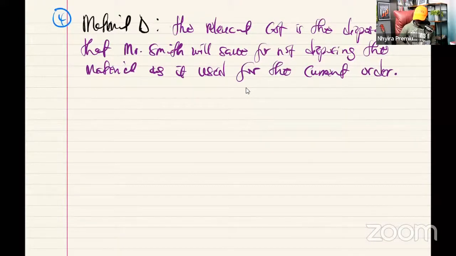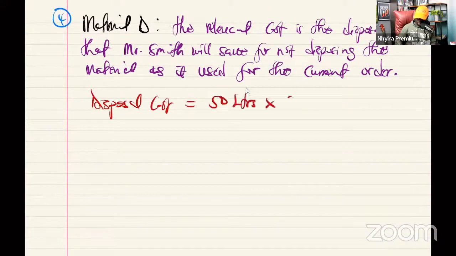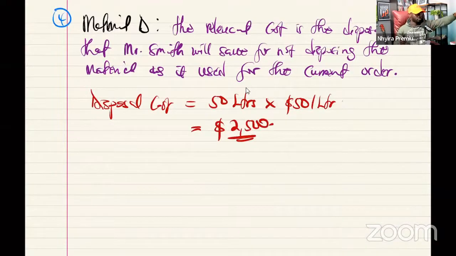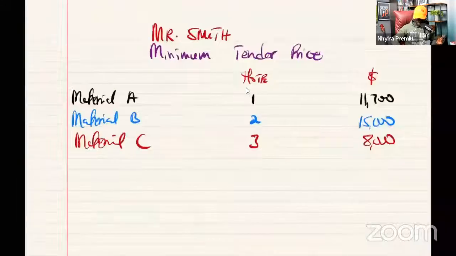And so disposal cost is going to be 50 liters at $50 per liter. And that's going to be 2,500. Be careful because this is a cost savings.